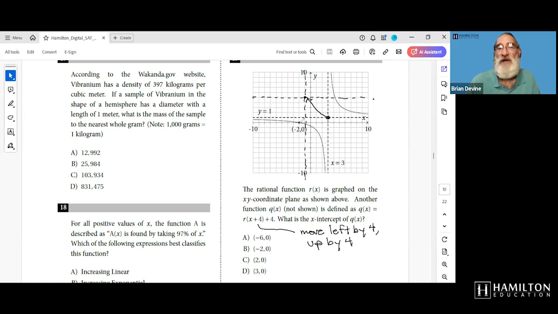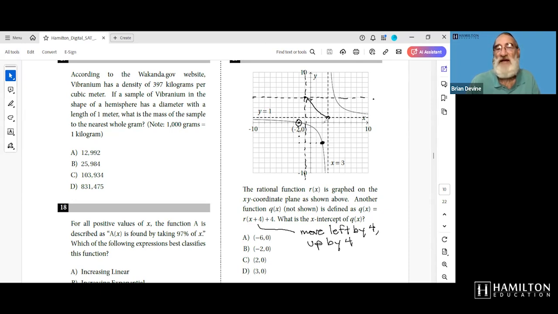which means if I go backwards from the current x-intercept down 4 and over 4, I should get what will be the new x-intercept.